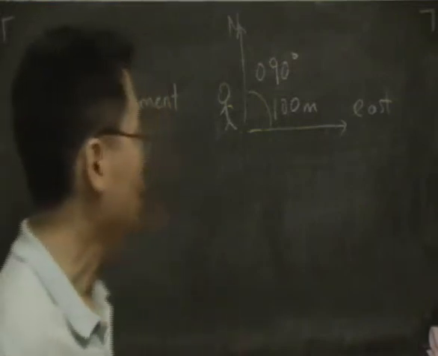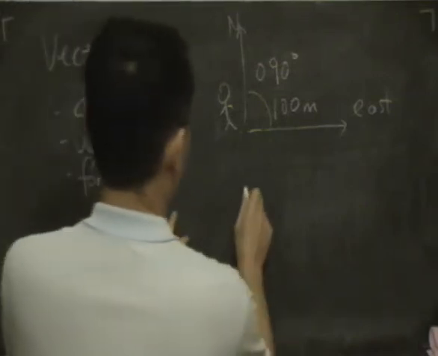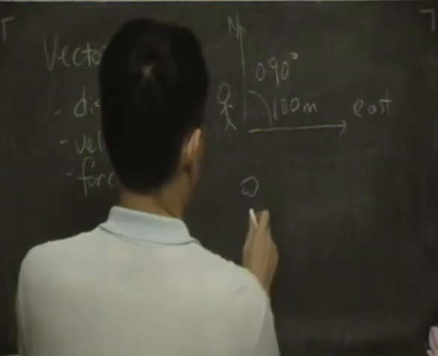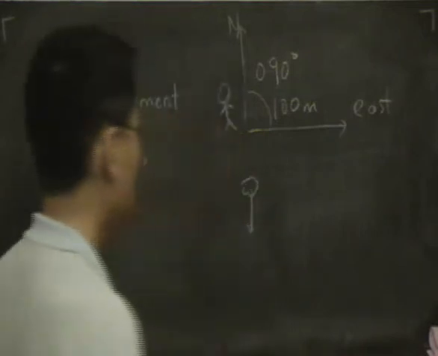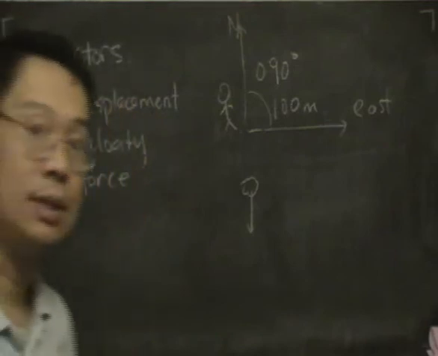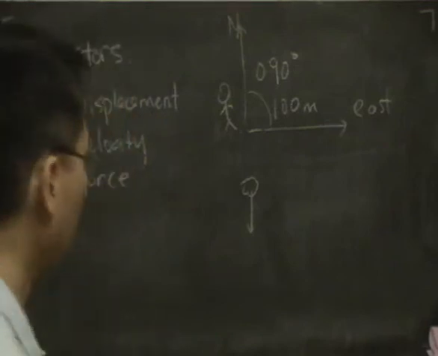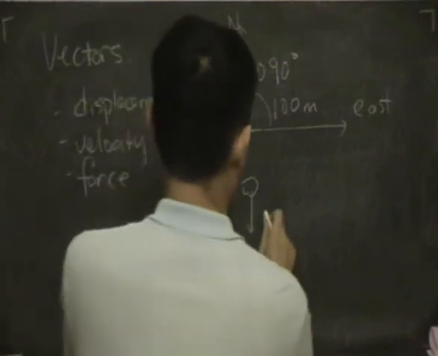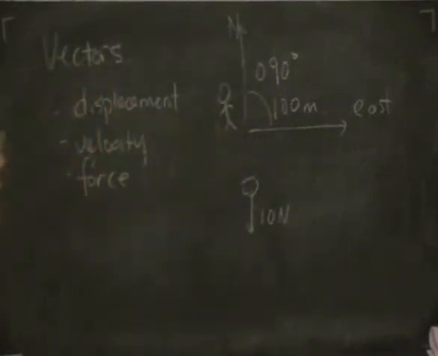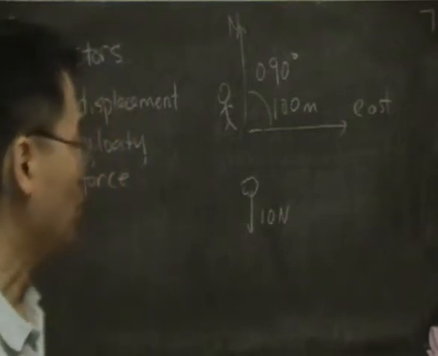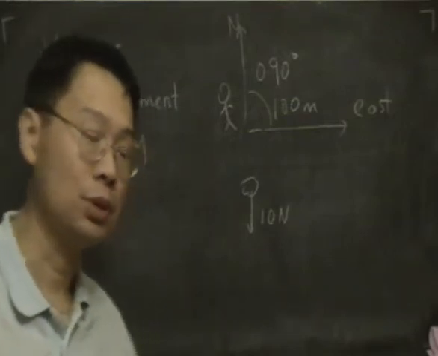Alright, as another example, I might have a stone, and this stone will have a certain weight. So that's the force from the gravity. So let's say the weight of this stone is 10 newtons. So that's the magnitude. And we know that gravity always points downwards.